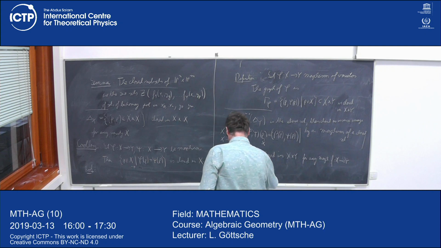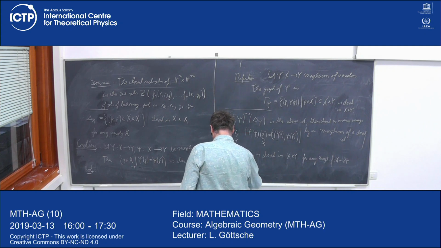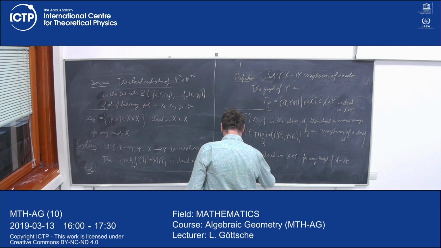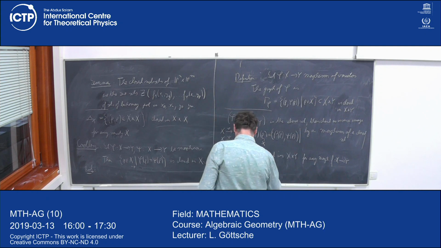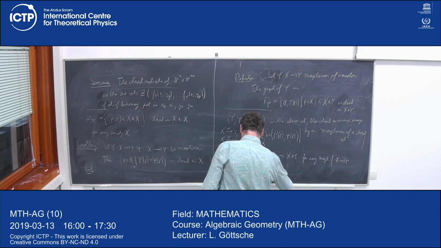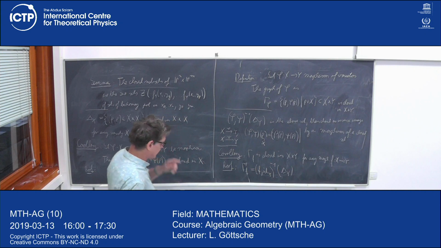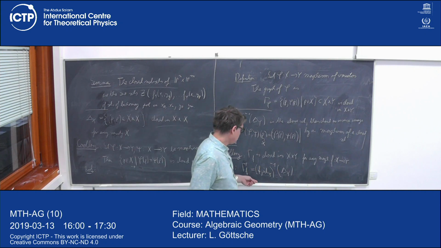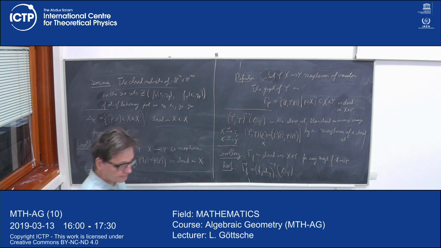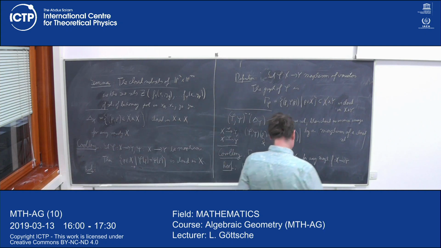Gamma_f is just the inverse image of the diagonal in Y under f times the identity of Y, because this is the set of all points (p, q) in X times Y such that f of p is equal to q. That's what it means, and thus it is closed.